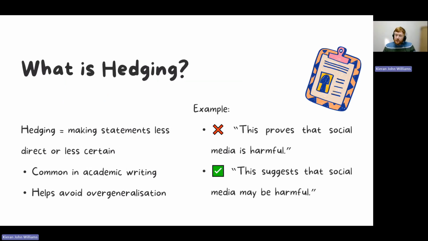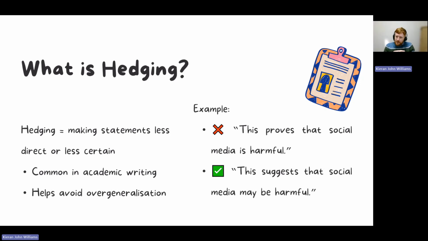So the important question is, what exactly is hedging? Well, hedging means making your statements less direct or less certain. Now you're probably thinking, this seems weird. In my essays, in my assignments, I want to sound certain, I want to sound direct.